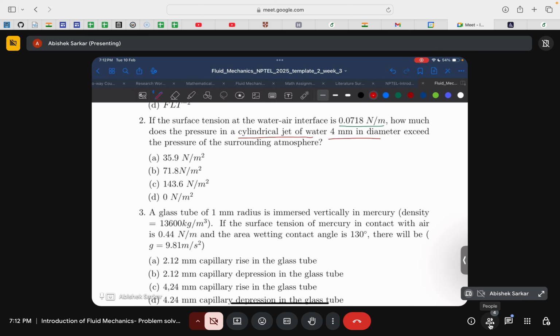In the case of liquid jets, we have considered a spherical droplet and a spherical bubble. The other case is the cylindrical jet. For cylindrical jets, the expression for the excess pressure is given by sigma by R. I thought we can introduce this concept from an example, so you can try it out.